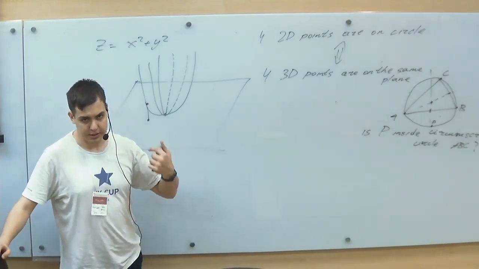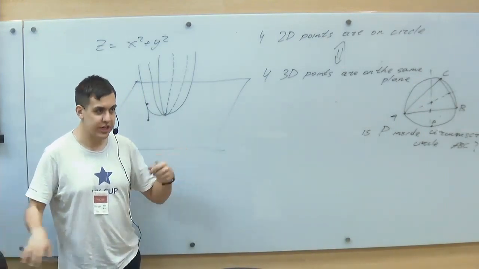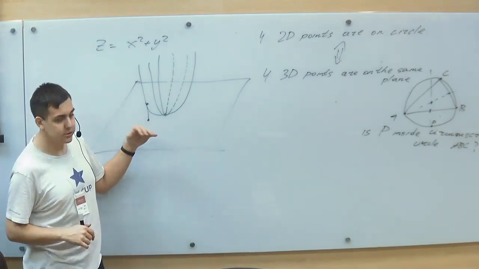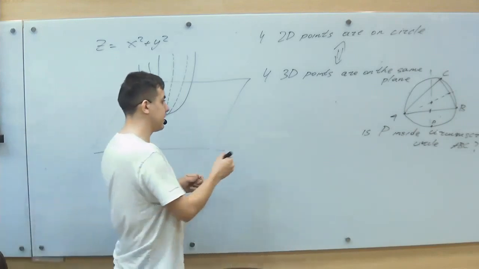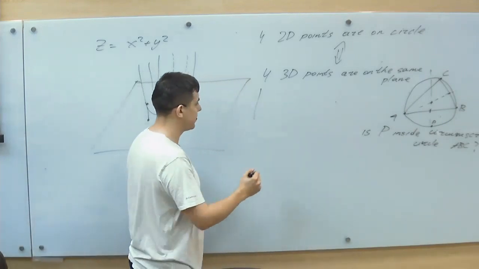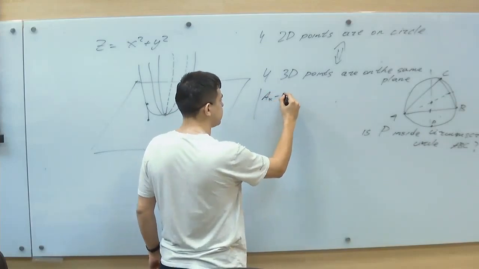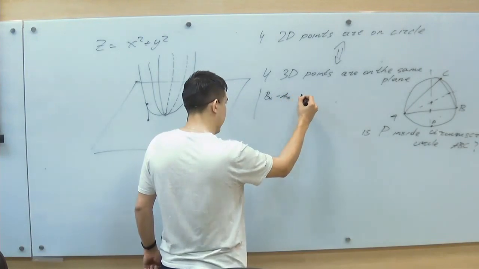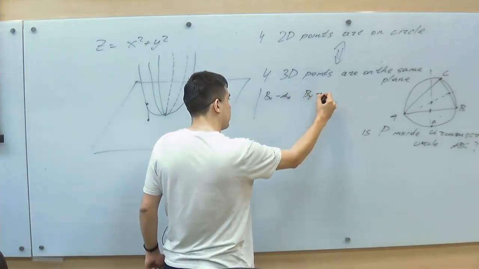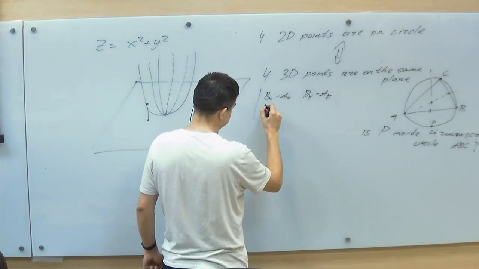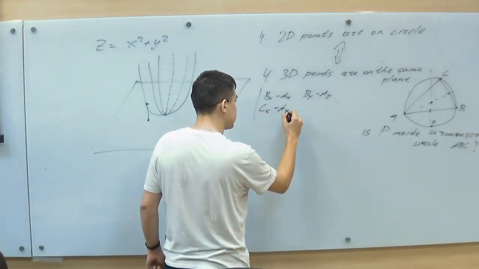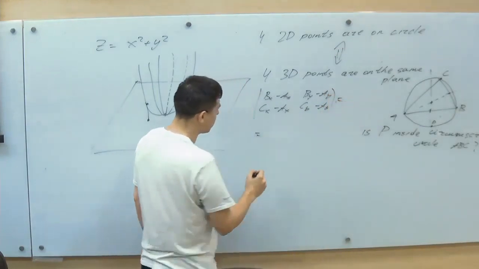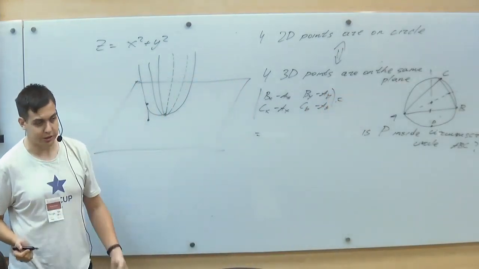And now we do the same to check. To check if 3 points are on the same line in 2D space, we check if this determinant is zero: ax minus bx, the other way around, right? bx, ax, by, ay, cx, ax, cy, ay. Well, this is just a cross product.